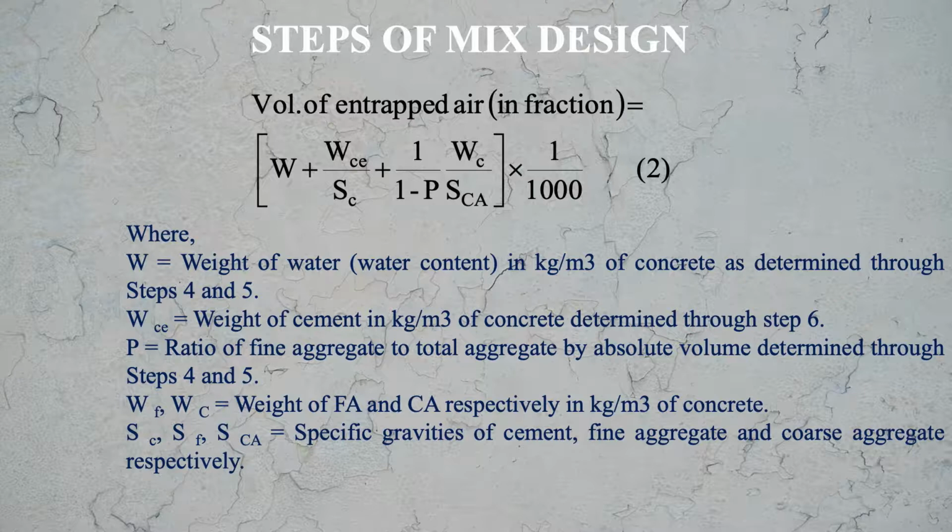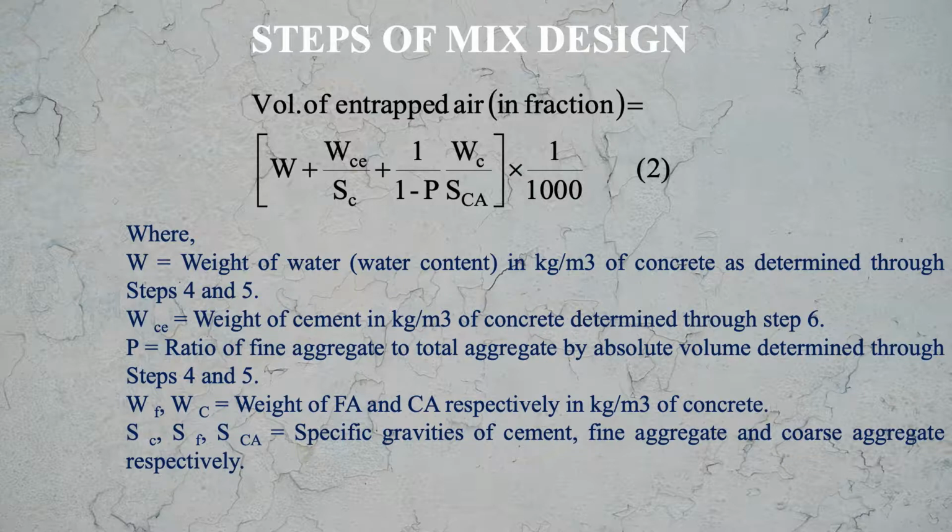P is the ratio of fine aggregate to total aggregate by absolute volume determined through step 4 and 5. WF and WC are the weight of fine aggregate and coarse aggregate respectively in kg per meter cube of concrete. And SC, SF, SCA are specific gravities of cement, fine aggregate and coarse aggregate respectively.